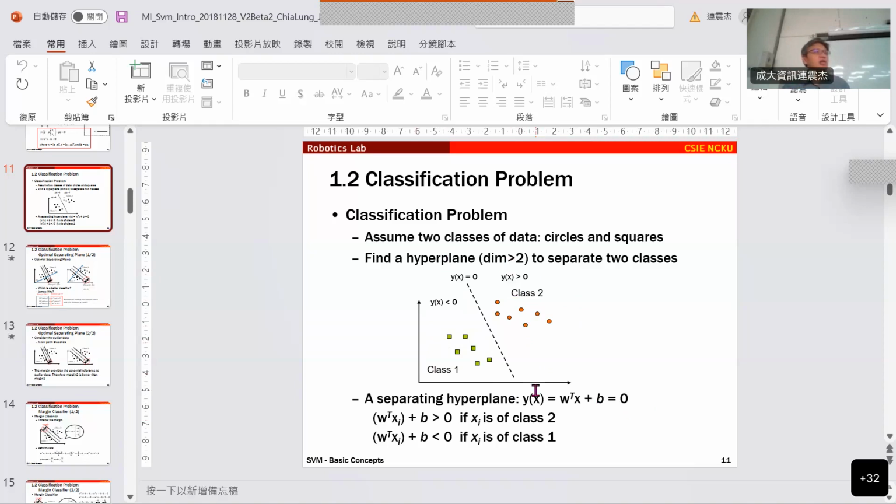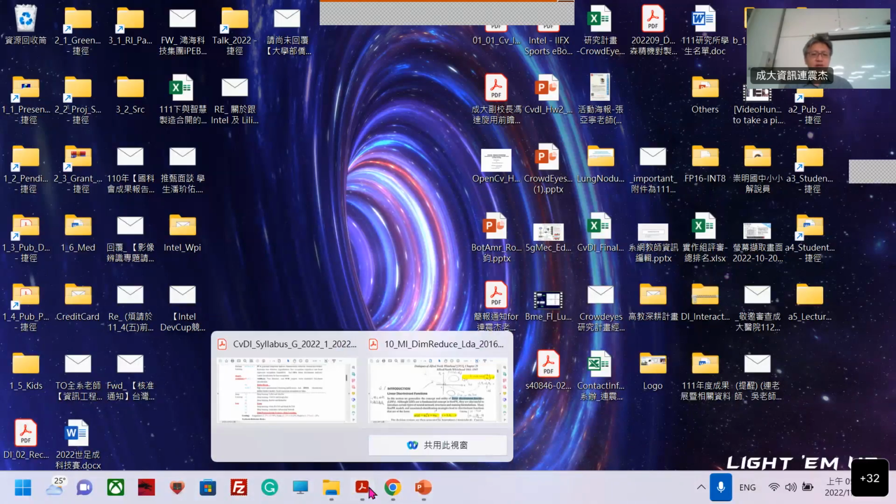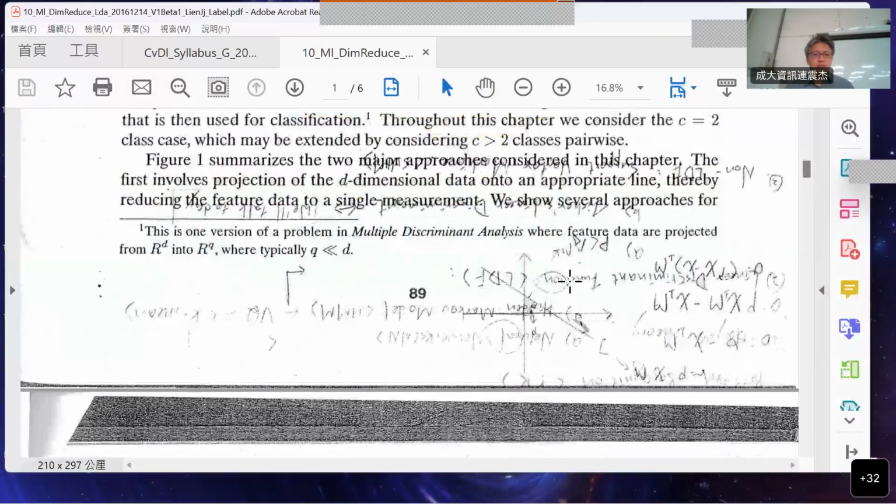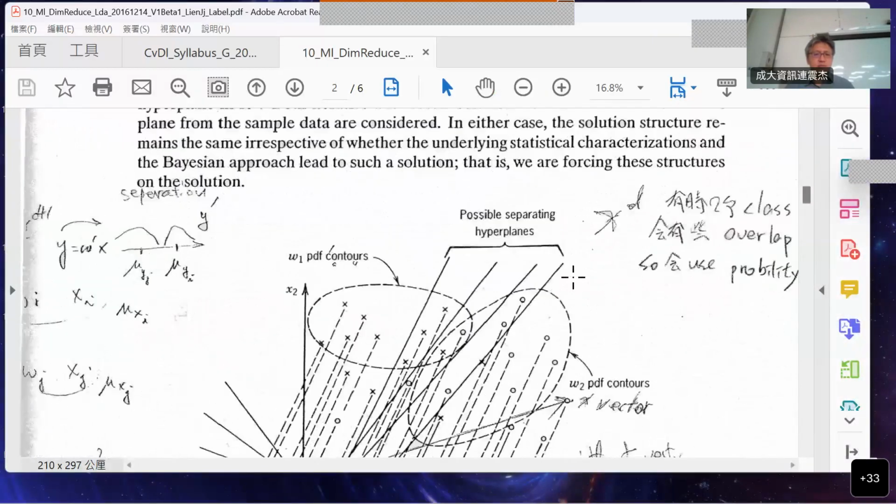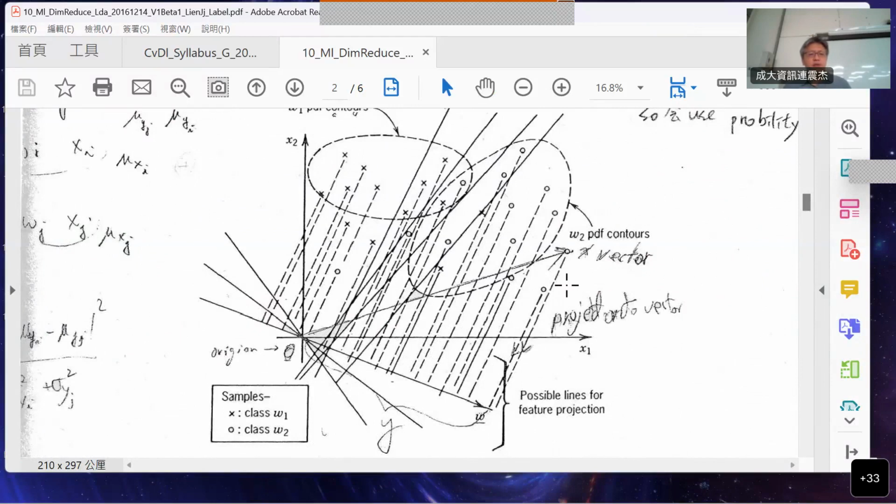Okay, so here for the classification, there are two methods. One is LDA. The other method is SVM. Both methods are important for machine learning. So we go back to here. So in this figure, suppose we have two classes.